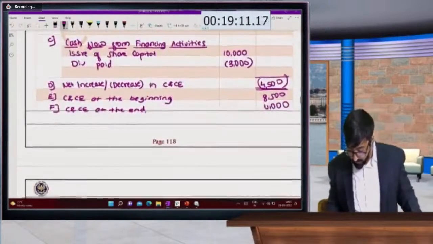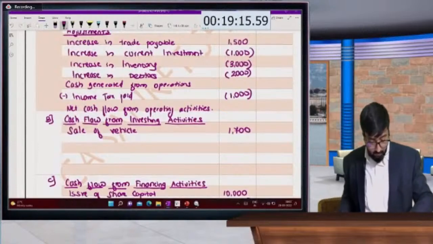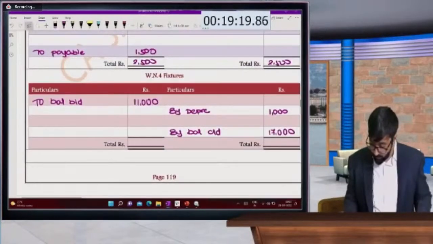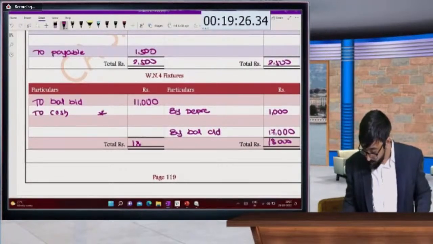So income tax paid 1,000. Then you have fixture to cash 7,000.